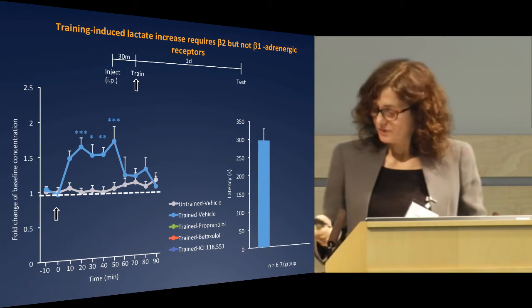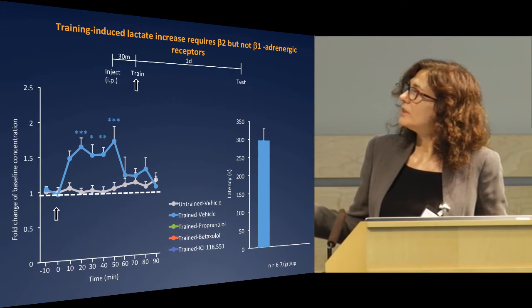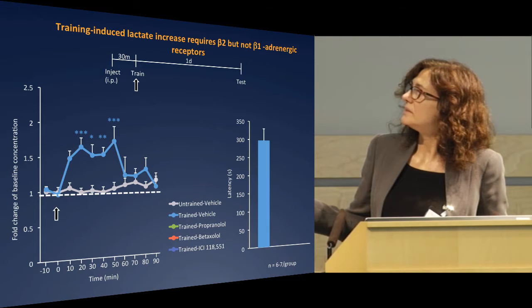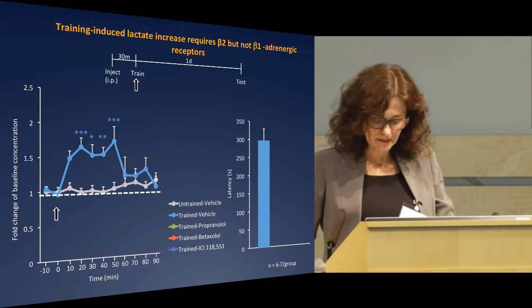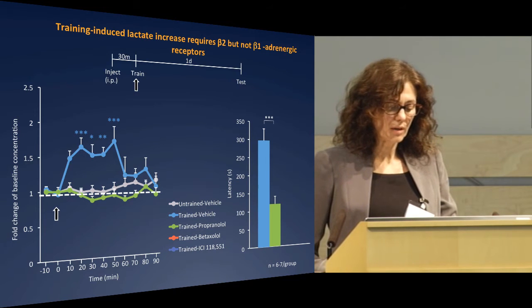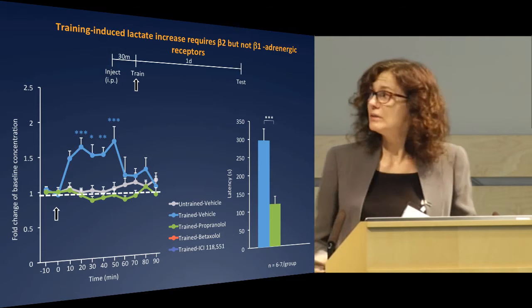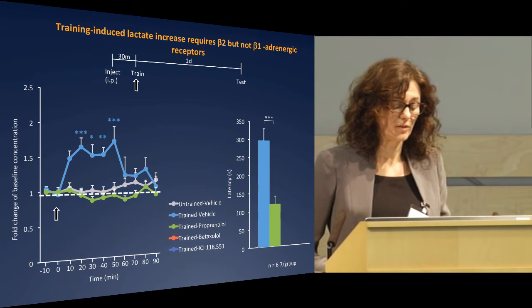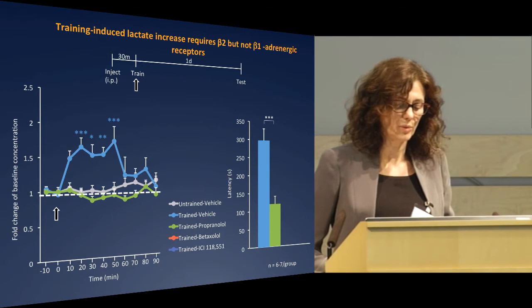Training significantly increased the level of lactate in vivo for about, as I said, 60, 70 minutes, and then goes back to baseline. This induction of lactate is completely blocked by propranolol, the green line, so lactate levels remain flat with propranolol on board.